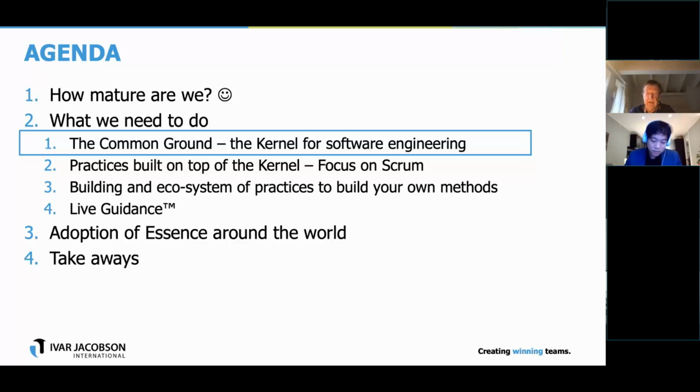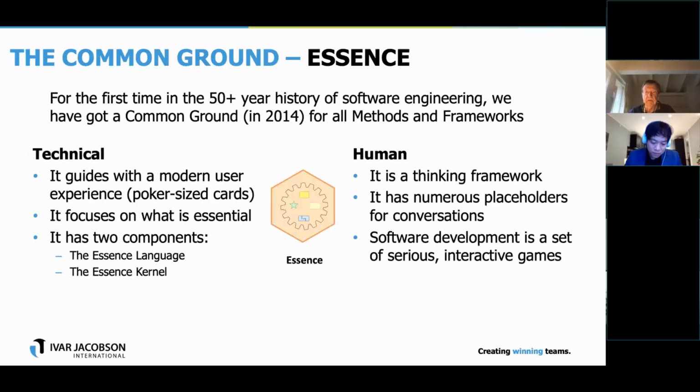The common ground that we have now developed is Essence. To get a real understanding of what this common ground is: it is text. It is not anything physical like hardware or code. It's just descriptions that are such that we can agree this is a common ground.